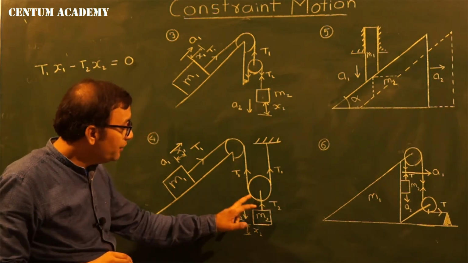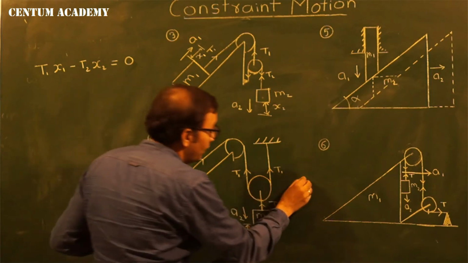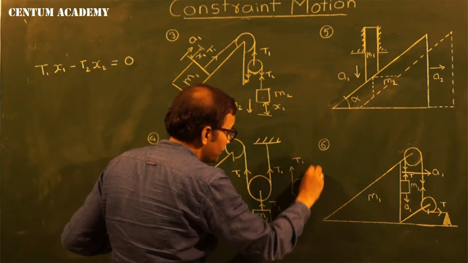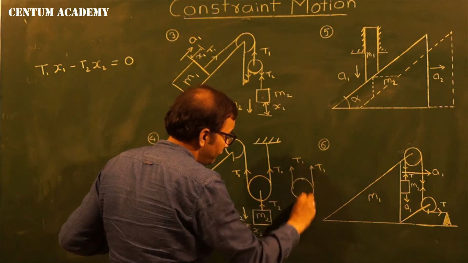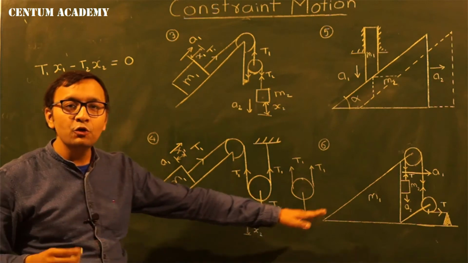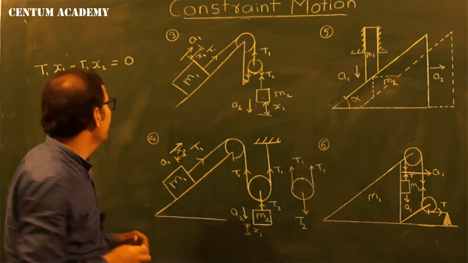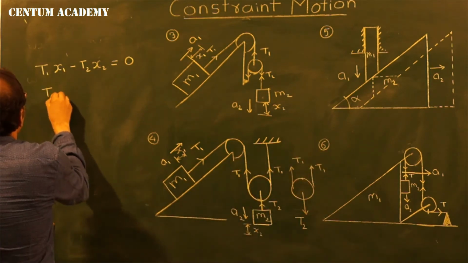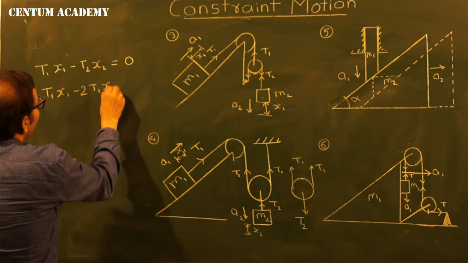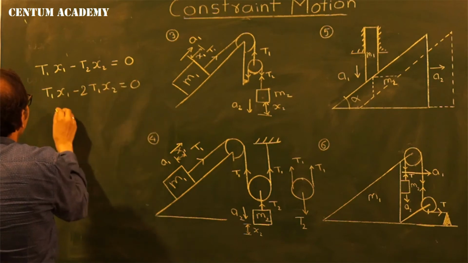And if you see the free body diagram of this pulley, you will have this T1 force and T2 force. You will get T2 equals 2 times T1, right? So you will get T1 x1 minus 2 times T1 x2 equals 0.